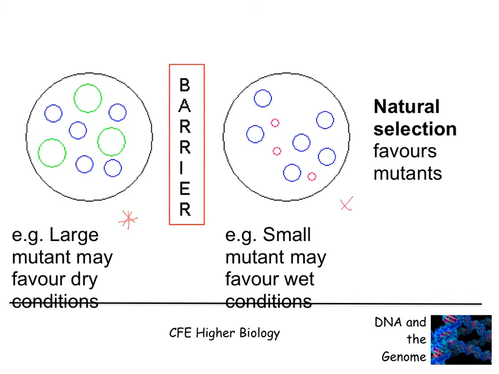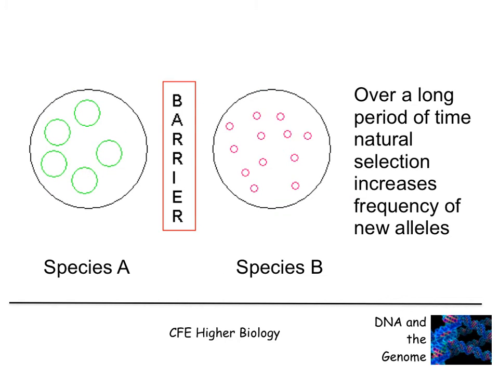On the other side of the barrier it's maybe a bit wetter, and the small mutants may favour the wet conditions. So over a long period of time, natural selection will increase the frequency of the new alleles: the large mutant on this side, and the smaller one on this side.